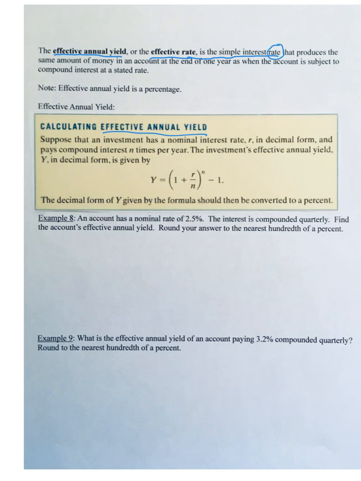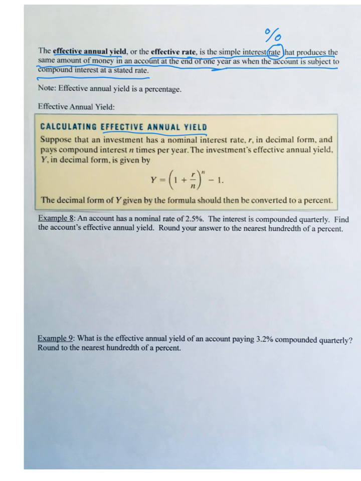Keep in mind all these rates are percentages, so you will have an extra step at the end of these word problems where you have to convert your answer to a percent. But it is a simple interest rate that produces the same amount of money in an account at the end of 1 year as when the account is subject to compound interest at a stated rate.